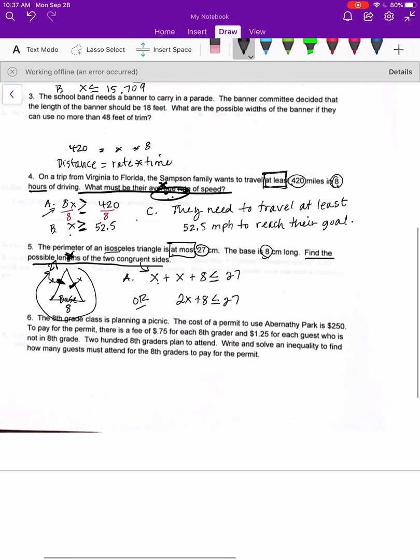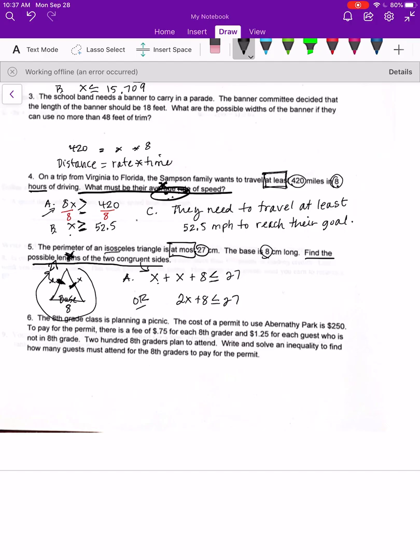All right, last but not least, number 6. The 8th grade class is planning a picnic. The cost of a permit to use Abernathy Park is $250. To pay for the permit, there is a fee of 75 cents for each 8th grader and $1.25 for each guest who is not in 8th grade. 200 8th graders plan to attend.